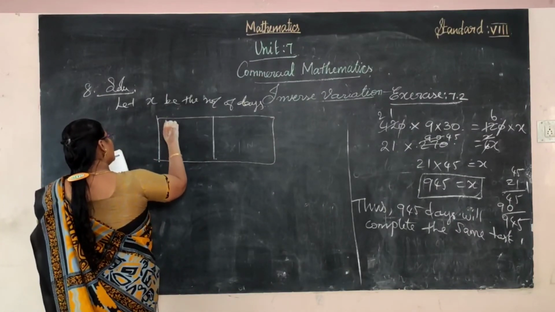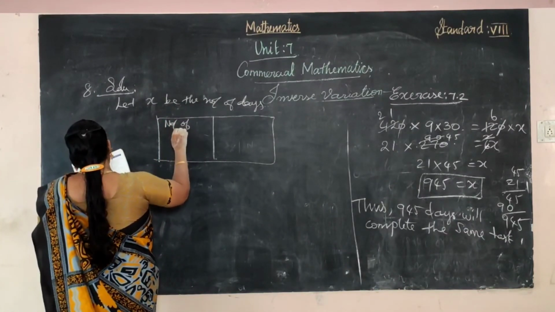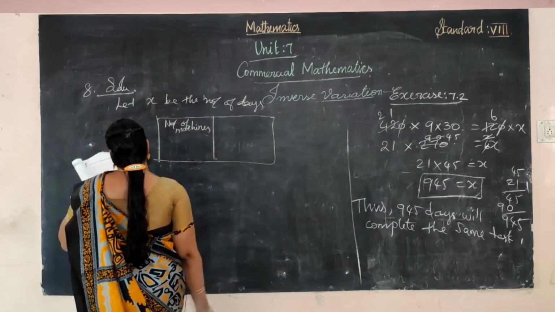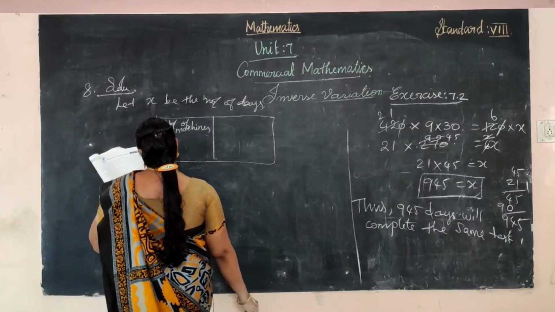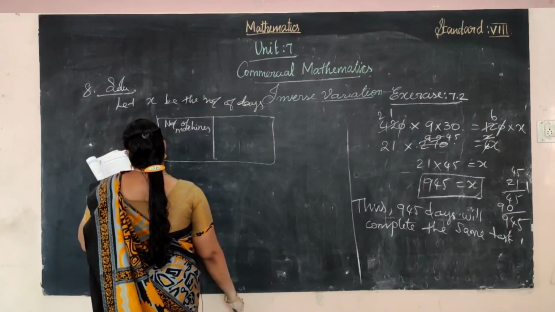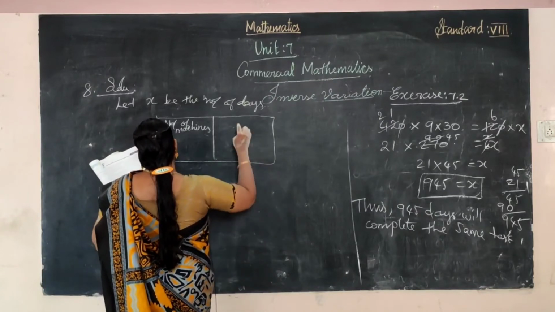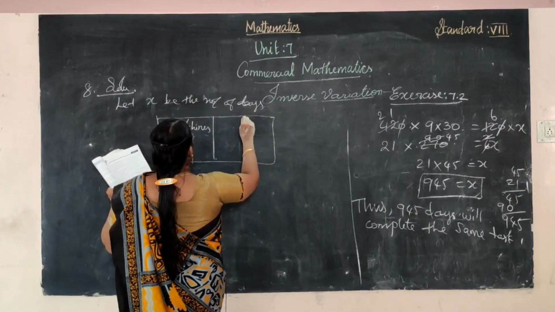Machines, number of machines, and then articles, and days, 63 days.